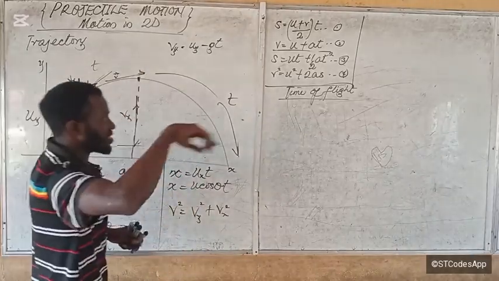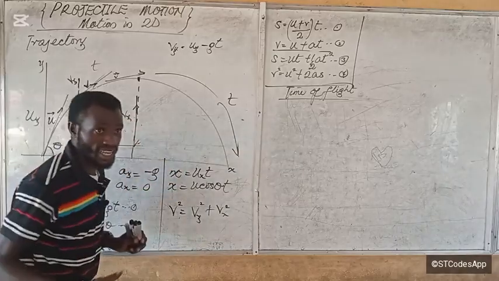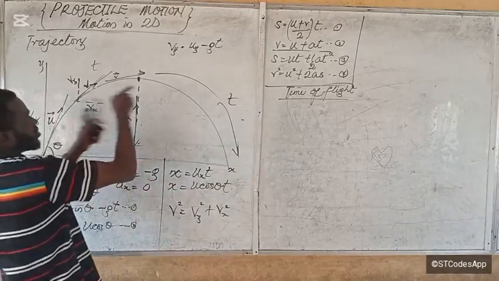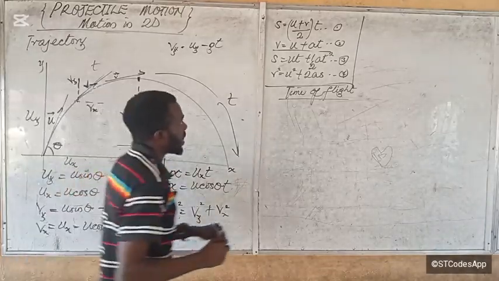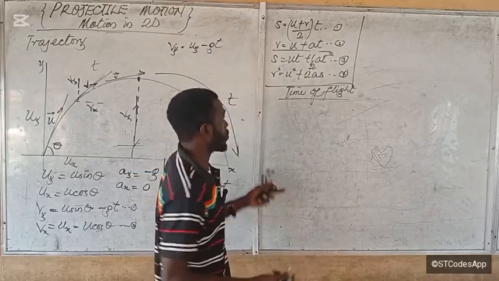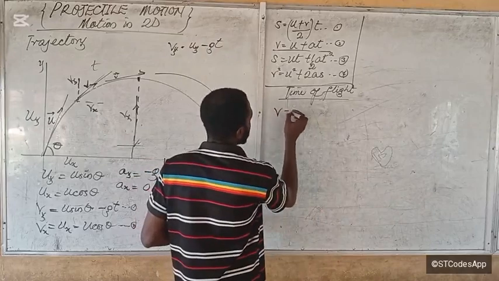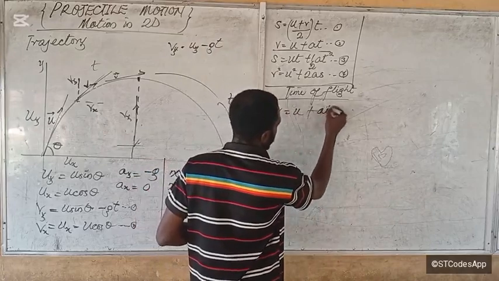The time of flight is something we could analyze in two ways. First, we could find the time it took to get to the maximum height. Now, I can use this equation, for example. However, I'm going to use these two equations so that you can see how to do that. So v is going to be u plus at according to that equation, right?